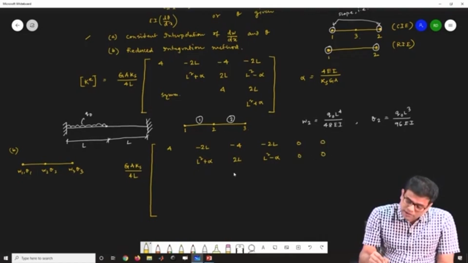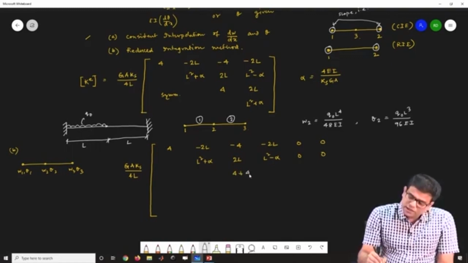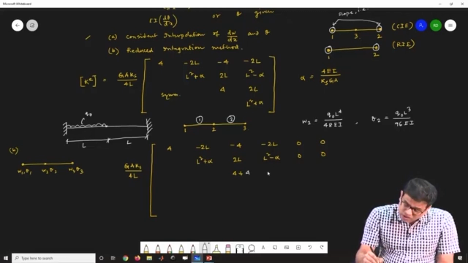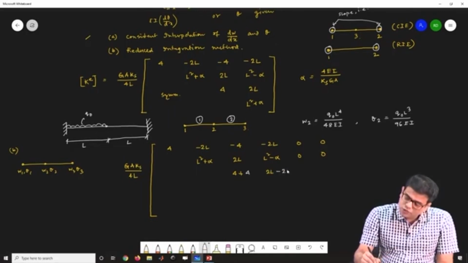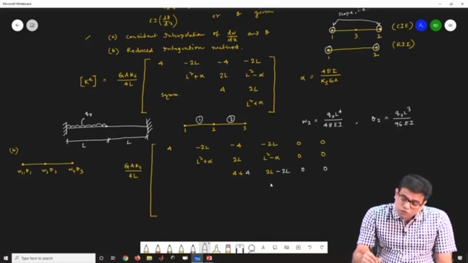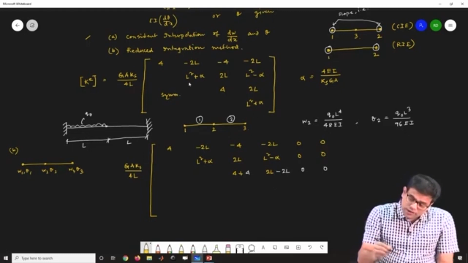Well, in the third element there will be 4 plus 4, that is coming from the second element, then from the first element will come 2L, then from the second element minus 2L, then this will be 0, 0 and then this term will be L square plus alpha, and also L square plus alpha.